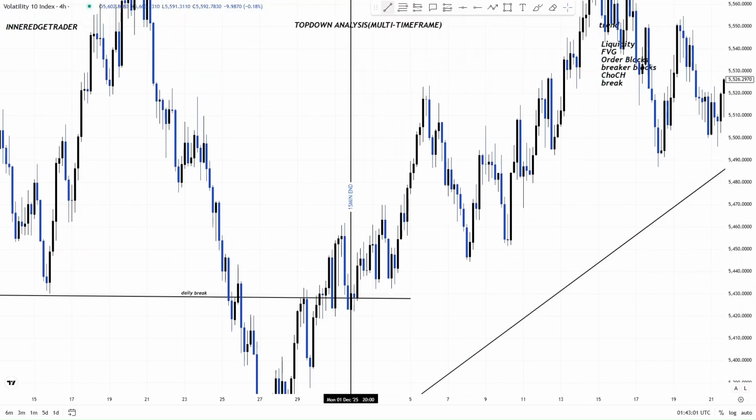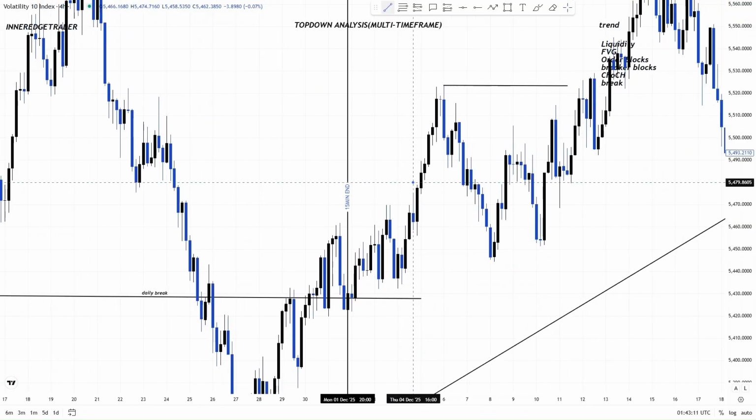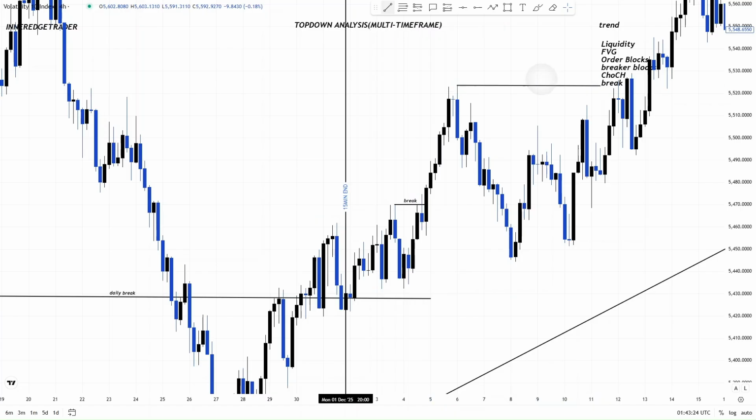The market made the break here. After this break, remember we're only following the upward momentum of the market. So this is a break. This is also a break.